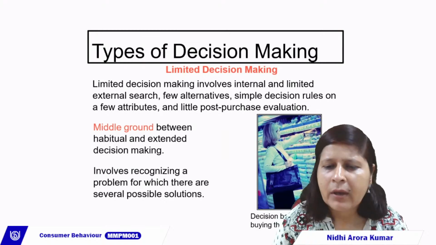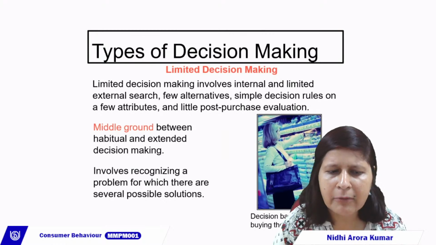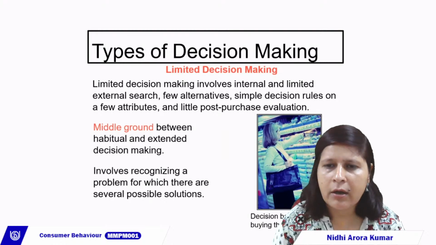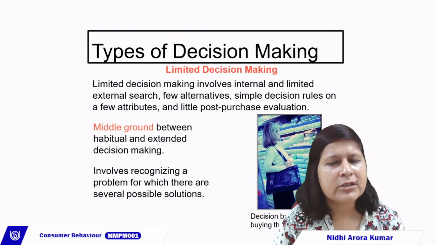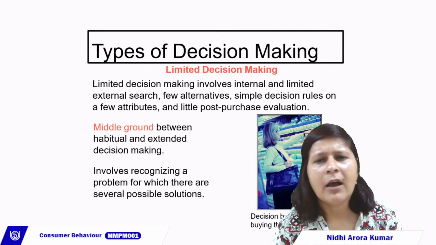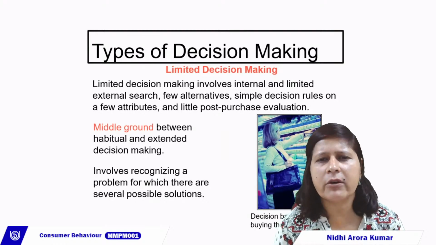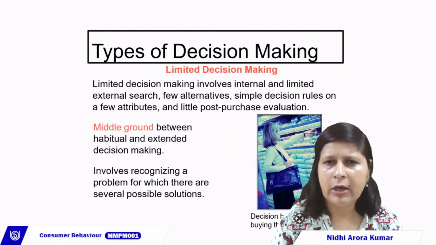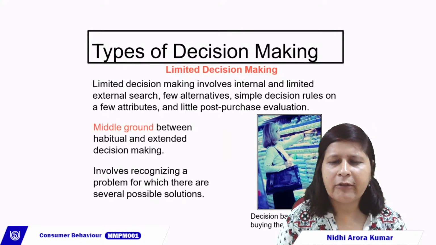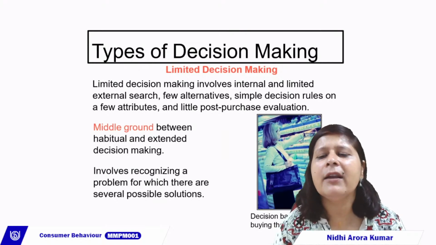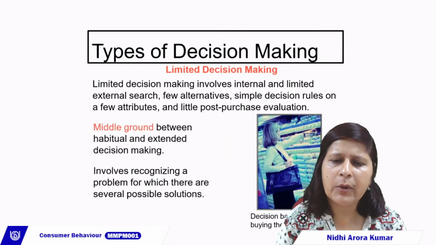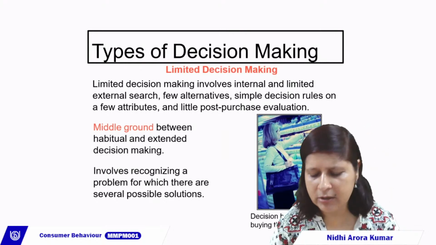I might not involve myself much in getting information or searching for more alternatives. With few alternatives, I will take a simple decision on the basis of few attributes, it could be thickness or price, and there will be little post purchase evaluation.